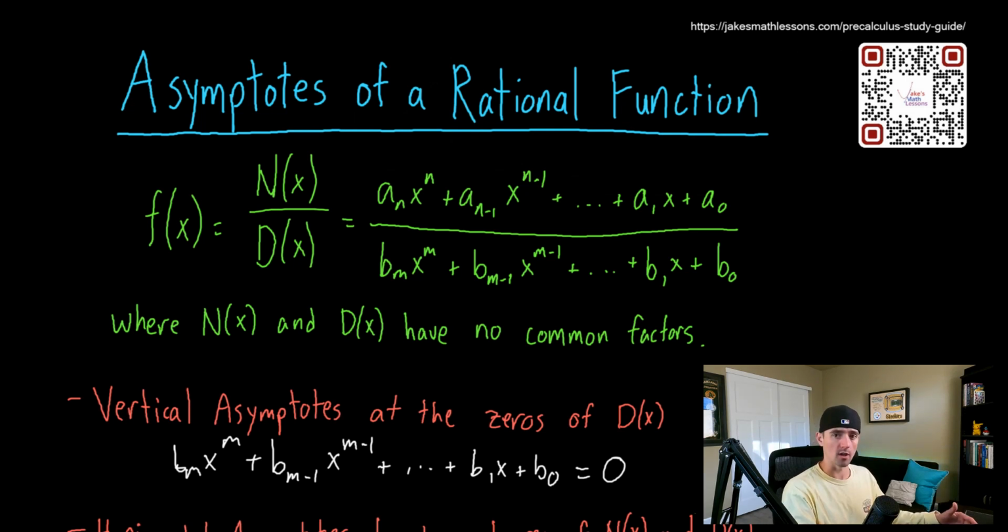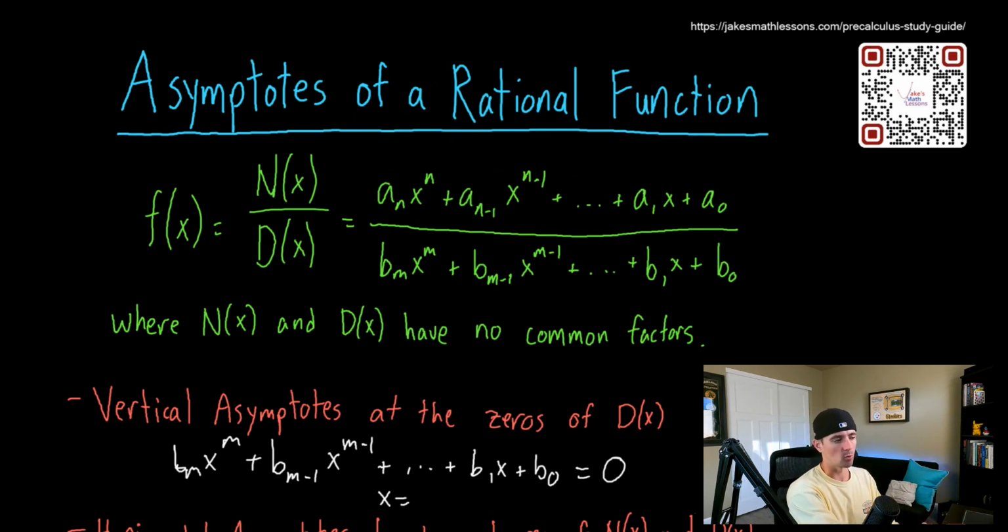Whatever you get for x, for the solutions to this equation being equal to 0, those are going to be where you have vertical asymptotes. So at the end, you're going to end up with x equals some numbers, right? Could be 1, 2, 3 halves. I'm just saying random numbers, but you're going to get x equals some numbers, and those numbers are where you're going to have vertical asymptotes.